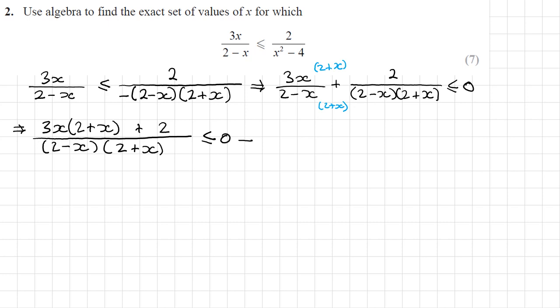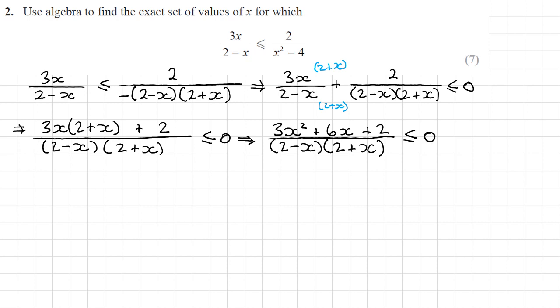I'll multiply out the top, and then what I'll get is 3x squared plus 6x plus 2 over 2 minus x, 2 plus x. It's all less than or equal to 0.